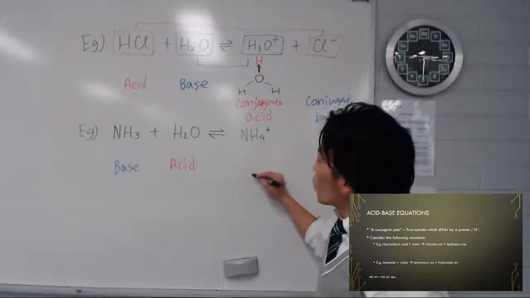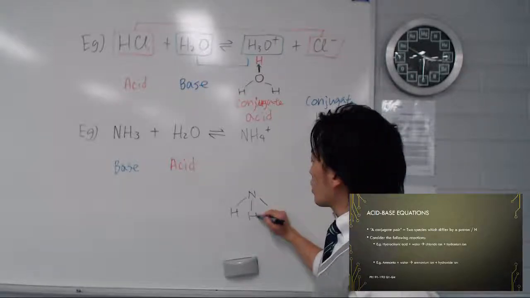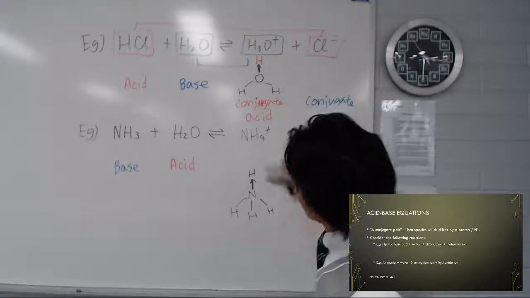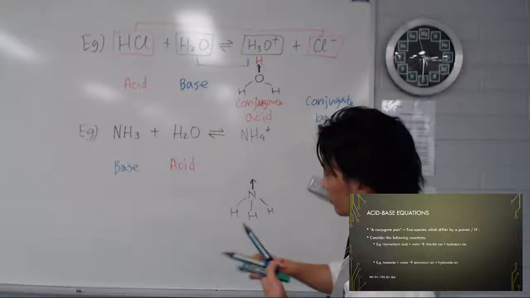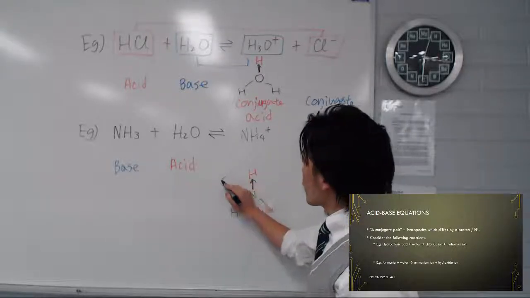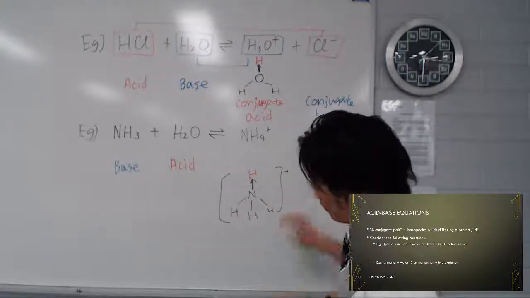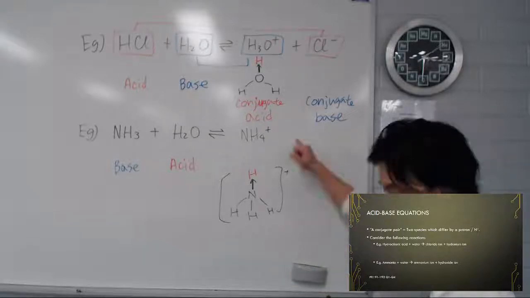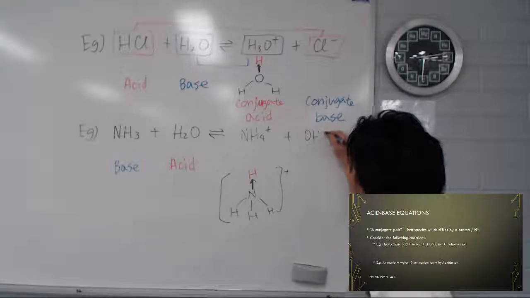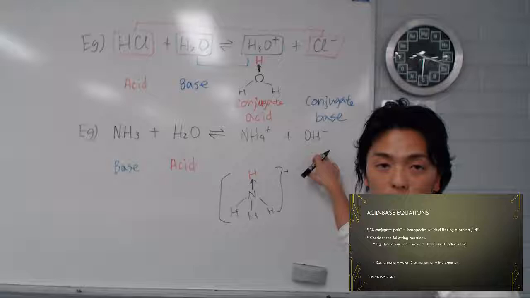If you draw it out, that would look like N with H, H, H and an arrow, because that's a coordinate bond. As a whole, it has a charge, NH4 plus, and you would also get water with one less hydrogen, so OH minus.